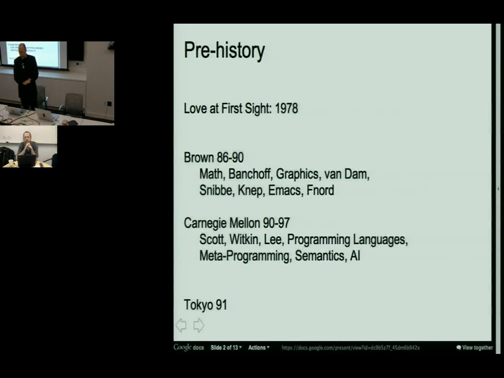And that developed through college. I went to Brown University and was in the so-called graphics group with Andy Van Dam, and that was a really rich period in history. Scott Snibbe, who's in the audience somewhere, where'd he go? There he is in the corner, was there. Brian Knepp was there, two other artists programming computers to do interesting art these days.